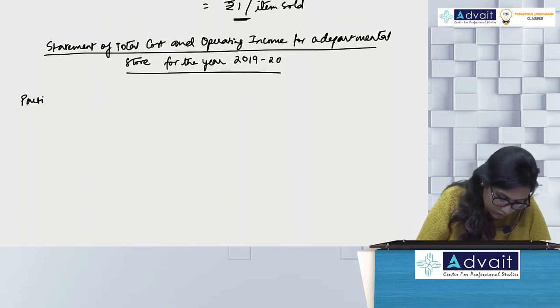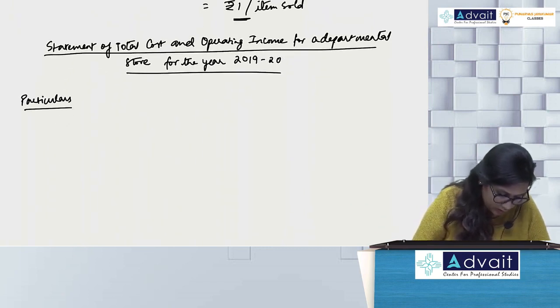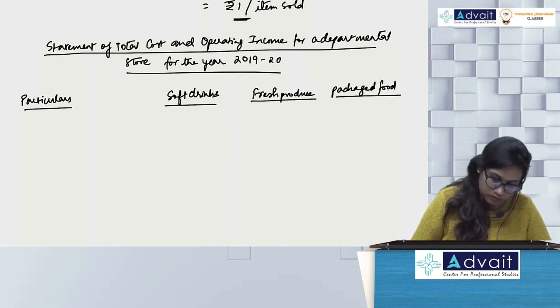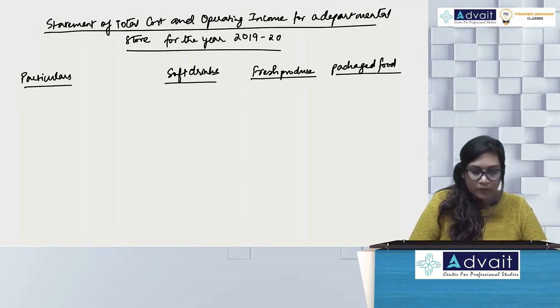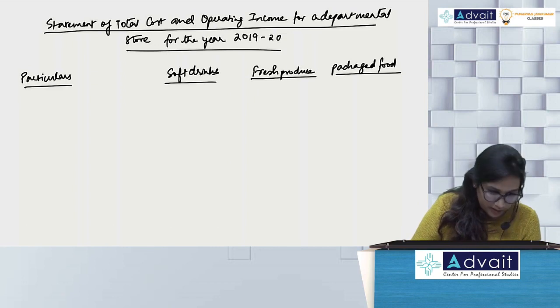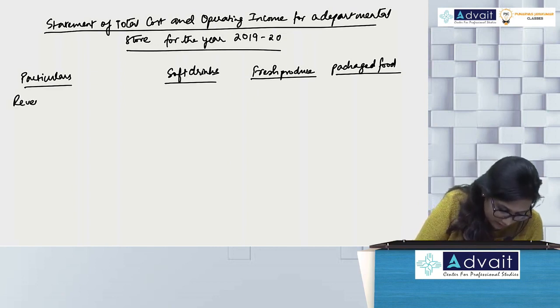So particulars: soft drinks, fresh produce, packaged food. Correct? These are the three segments. So let's put everything in place. First we start off with revenue.